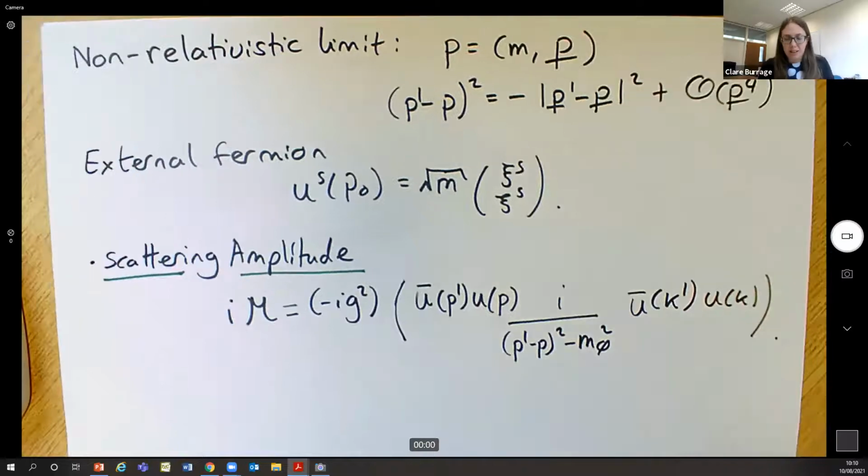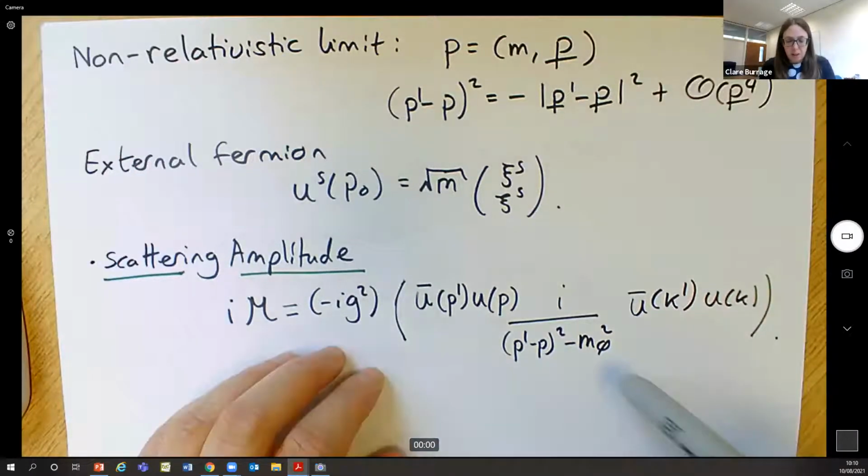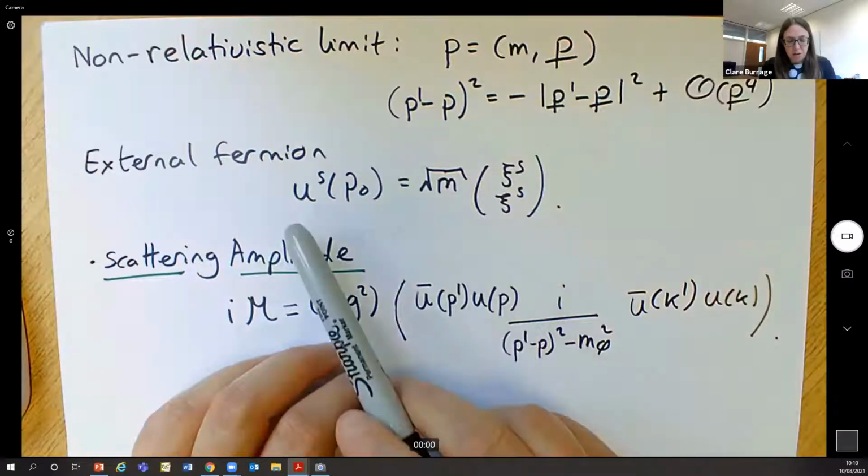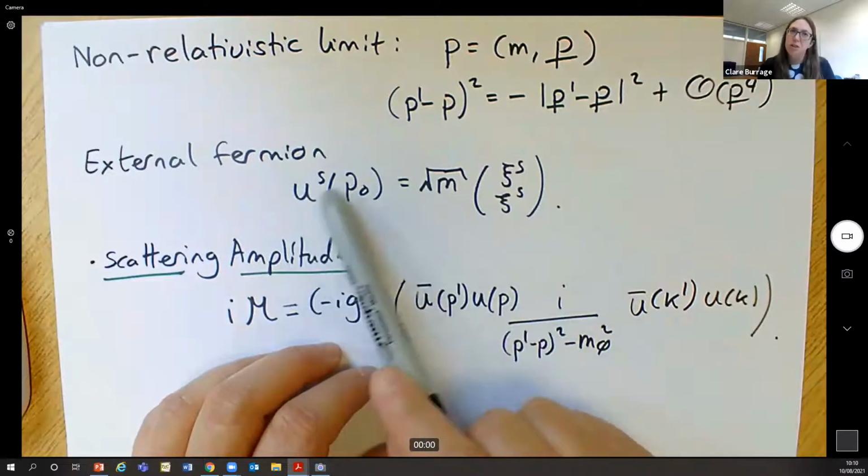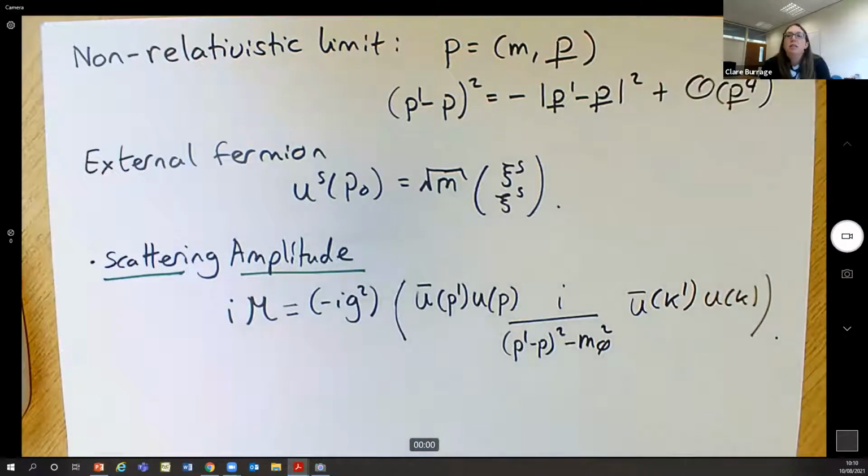We want to write down the scattering amplitude for this diagram, for our scalar exchange. We are going to write our external fermions just as u. And because of the kinds of experiments that we're interested in, if you think about when we talk about tests of gravity, we're talking about planetary motions, or we're talking about the deflection of heavy source masses in the laboratory.